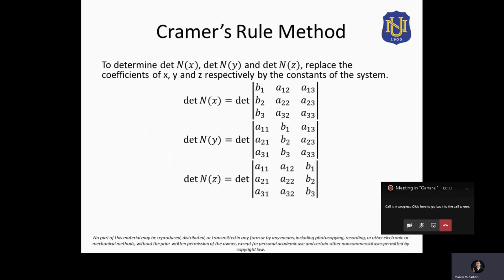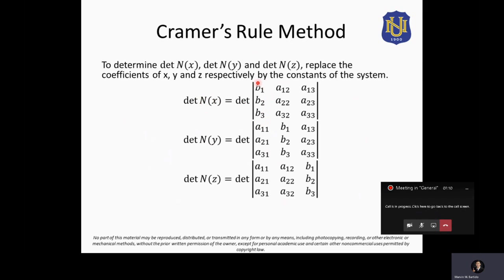So now for the determinant of Nx, Ny, and Nz, it's just simply equal to the determinant of the matrix formed by replacing the column of the unknown variable that we want to find, which is x, with the values of the constants of our equations. So our constants are b1, b2, and b3. You substitute them into the column of the unknown variable you are solving for, which is x.